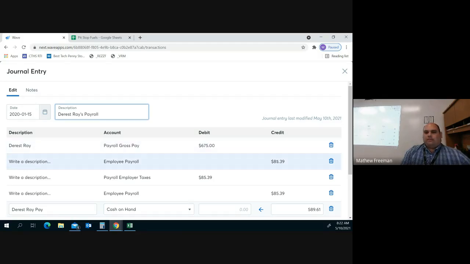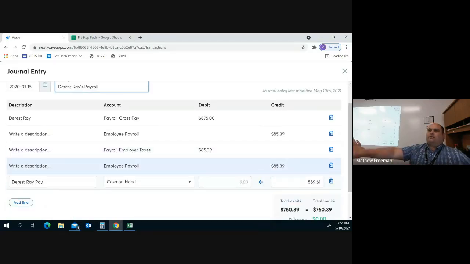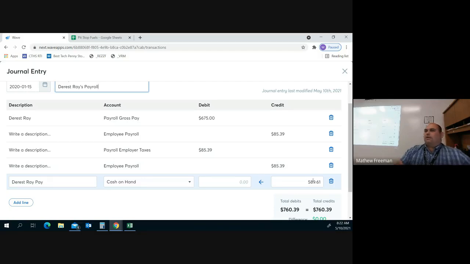So there we have all that. We're recording her gross pay. We're taking out her taxes. We're including our taxes, putting them aside in the payable account because we don't have to pay that yet. And then here's the cash that we're actually paying her. When we did the math, her balance of cash should have been $589.61.